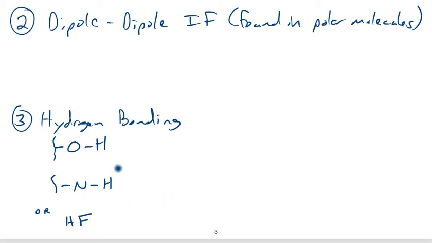Now the reason why I wrote these in this manner is because these bonds can show up in molecules such as H2O or, let's say, ammonia. But you can also change, for example with water, you've got oxygen with two bonds. Those two bonds can go to other things besides hydrogen, like for example something called methanol.